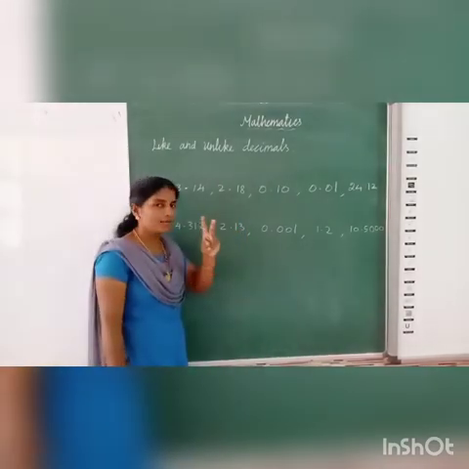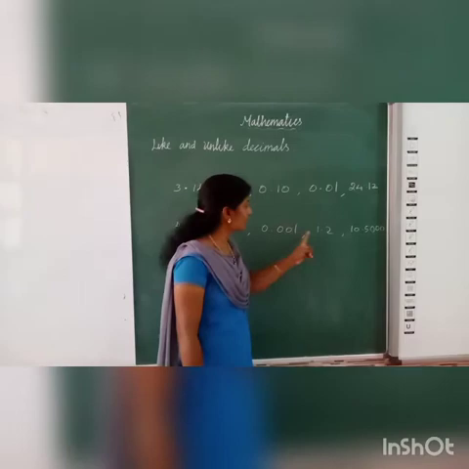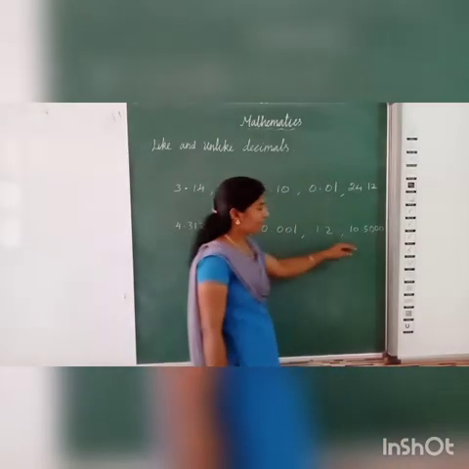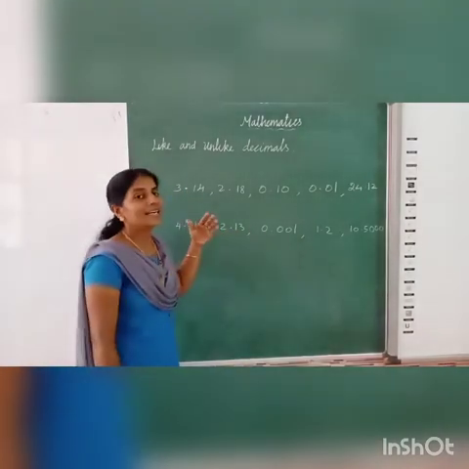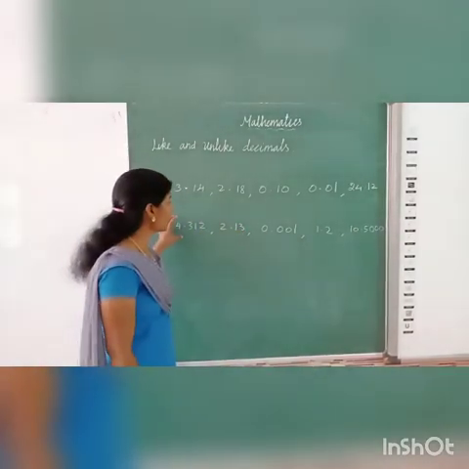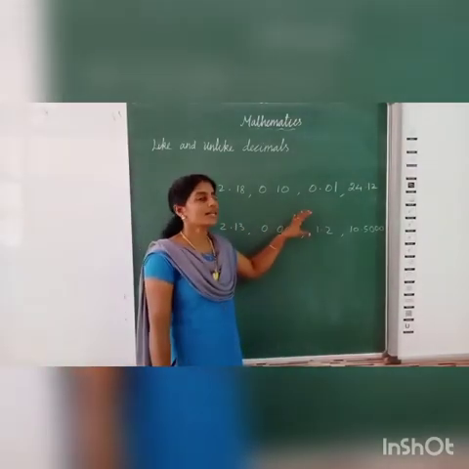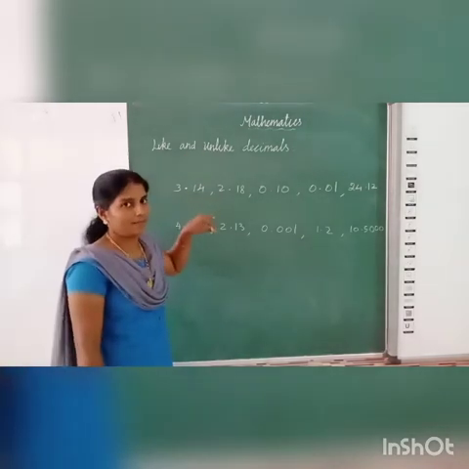Here we have 2 digits. Here only 1 digit, here 4 digits. Isn't it? Different number of digits. This is not the same number of digits. Different numbers of digits means these numbers are called unlike decimals.